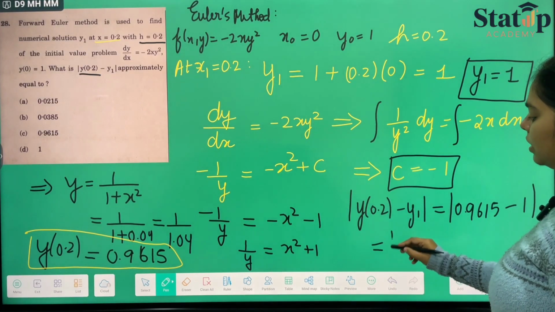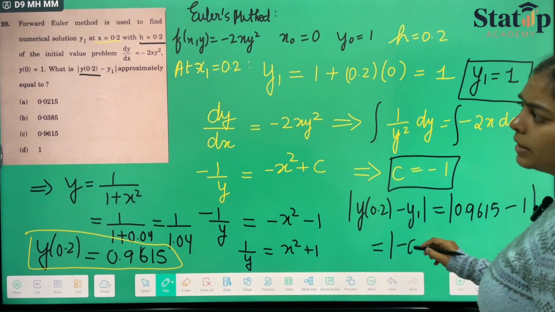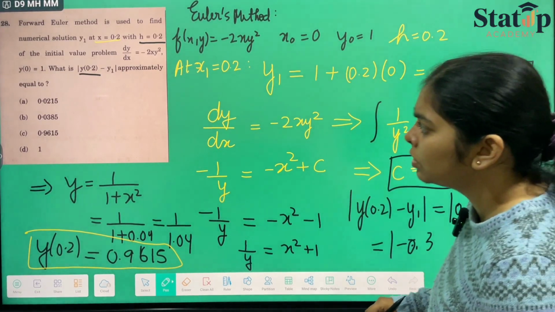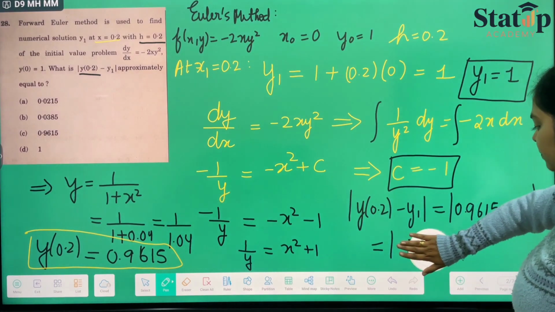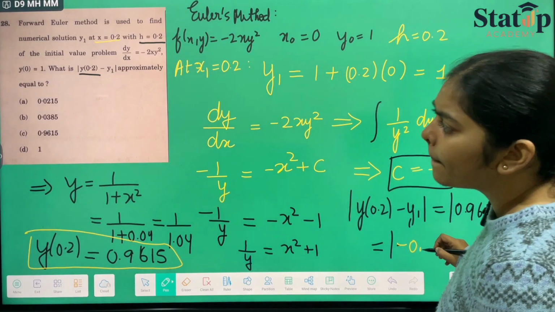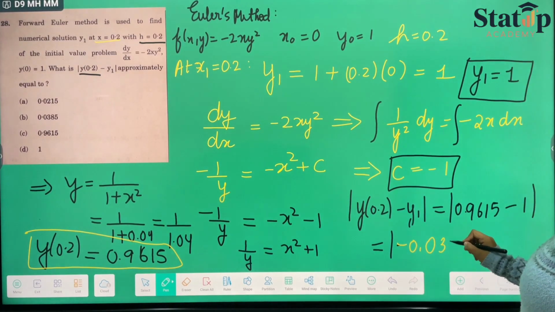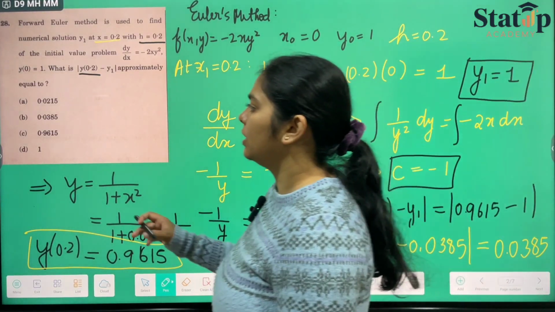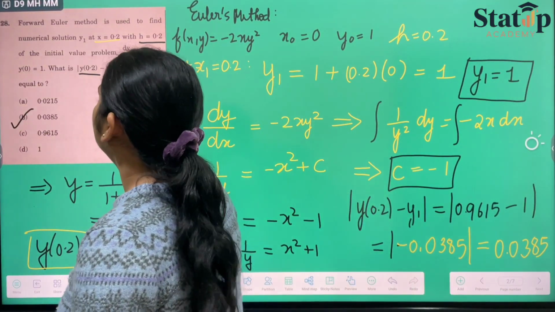If we solve it in modulus, it will come out to be minus 0.0385. And outside the modulus, the minus will get cancelled and we are left with 0.0385. This is our final answer, which is our option number B.